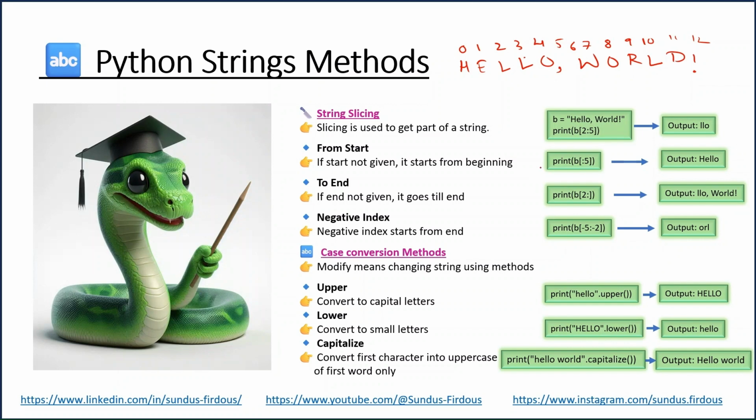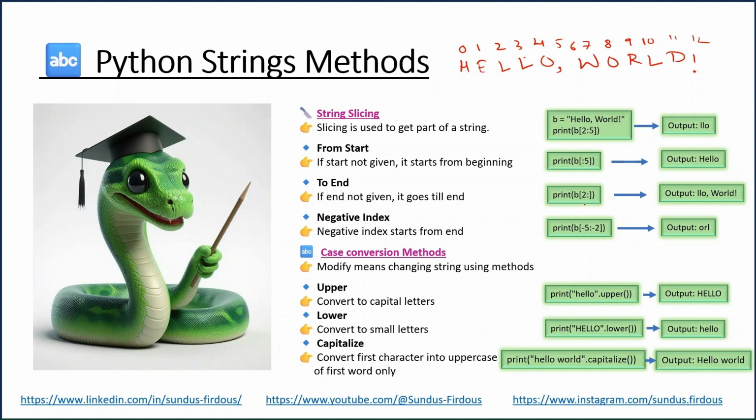Now, if start is not given, it will start from the beginning. As you can see here, nothing is mentioned on the left-hand side, so it will start from the 0th index and go till 4, and it will print hello as output. Now, if end is not given, it goes till the end.